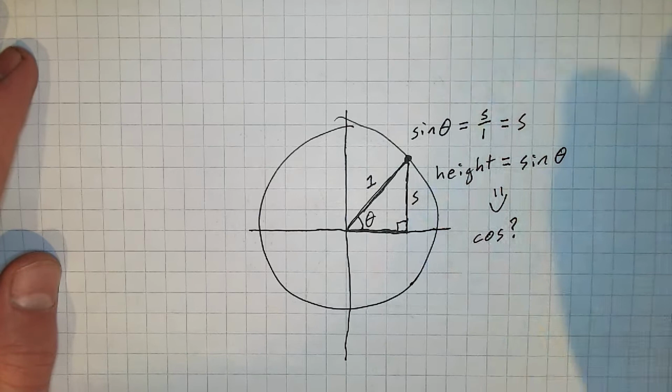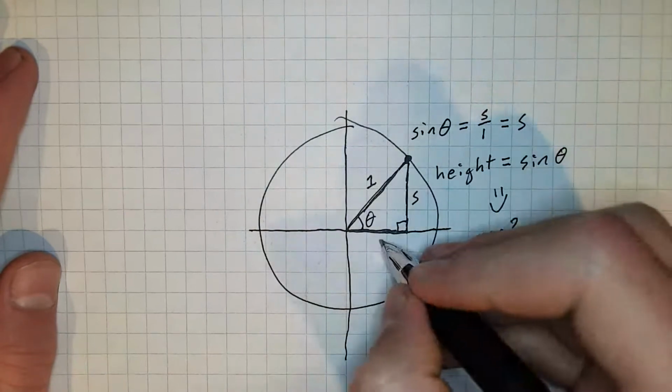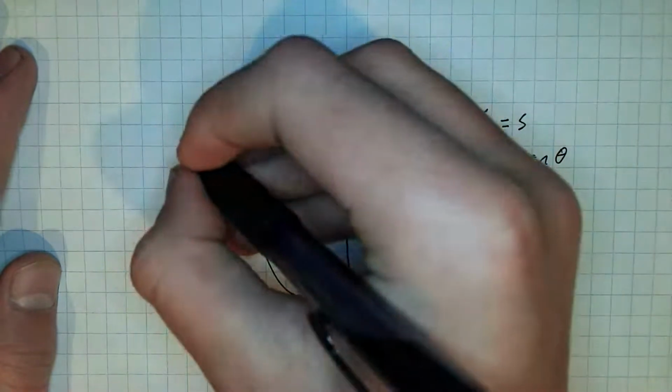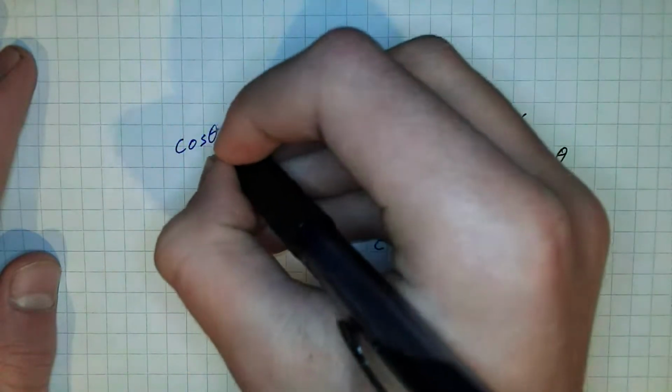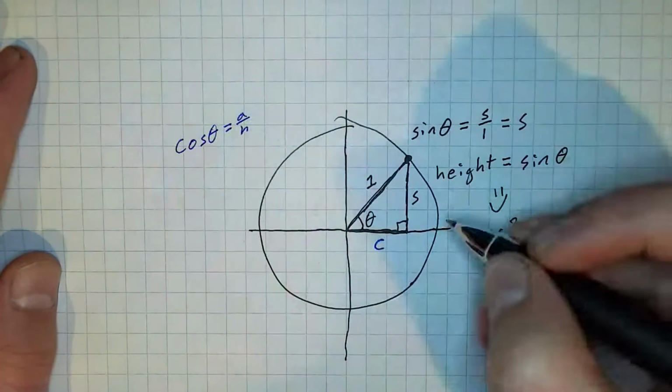So, what we can do is we can look at our opposite side there, well, not our opposite side, the adjacent one. Let's call that adjacent side c. So, cosine of theta is just adjacent over hypotenuse.